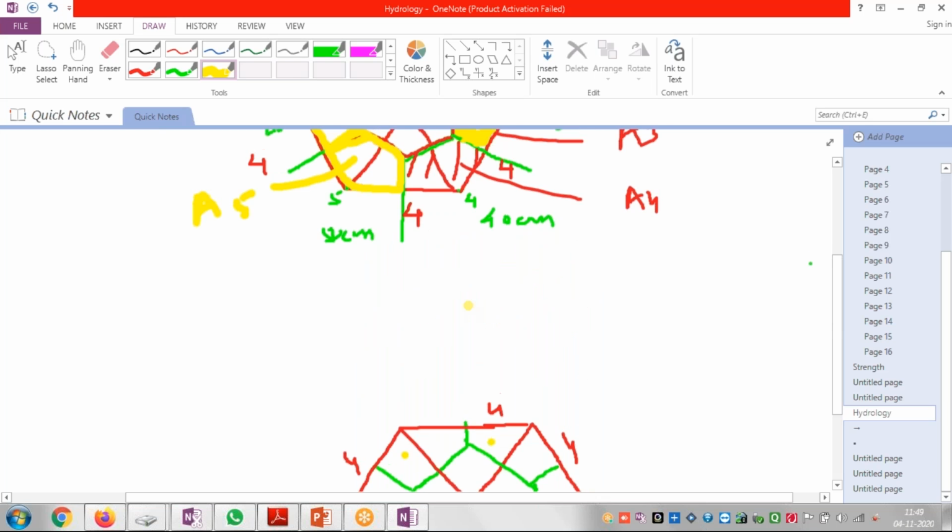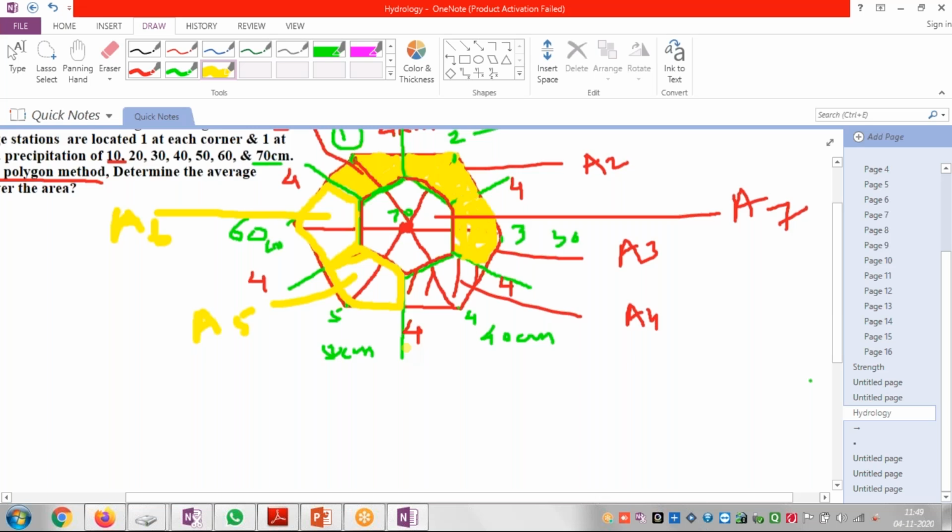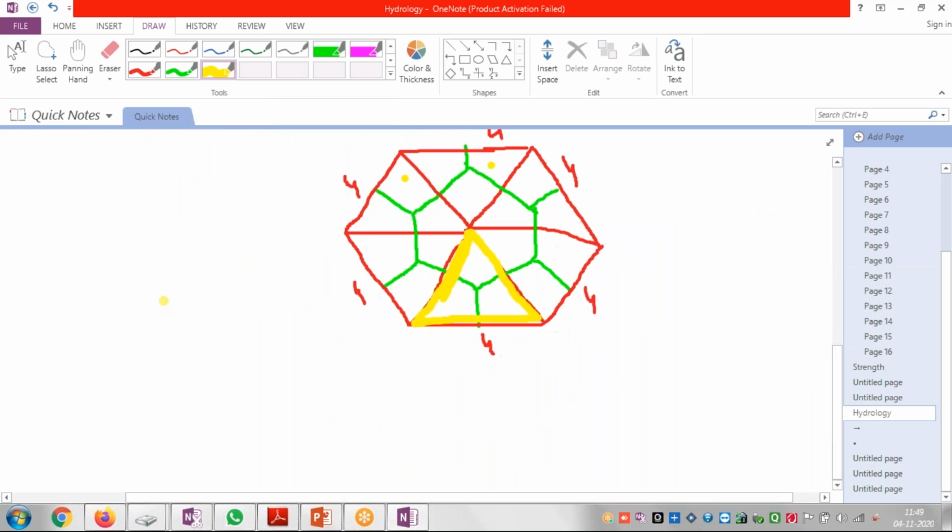So this is my bottom one, right? Now I will take it outside. This area will be like this, right? And this is 4 kilometer, this is also 4 kilometer, this is also 4 kilometer, right?